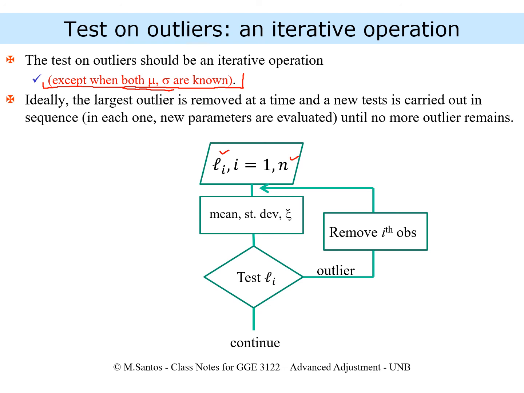So the mean and the standard deviation, one of them or both, are coming from the sample. We test each observation. If we flag outliers, we remove that observation and we reevaluate either the mean or the standard deviation that comes from the sample. We repeat the test. If there are no outliers, we continue with our work.